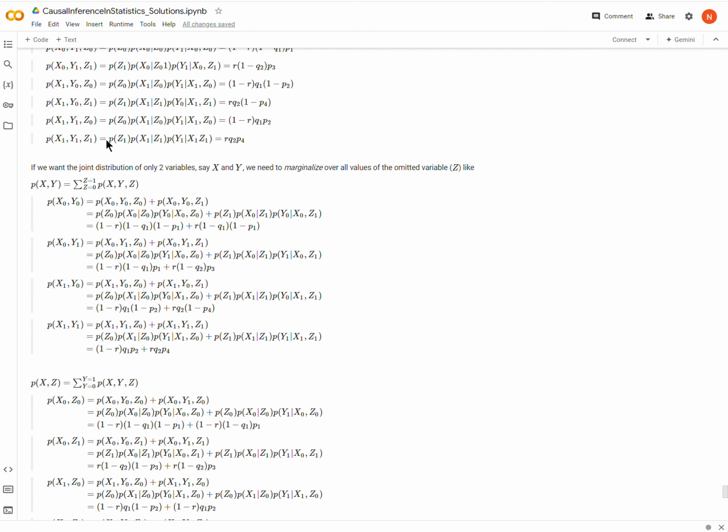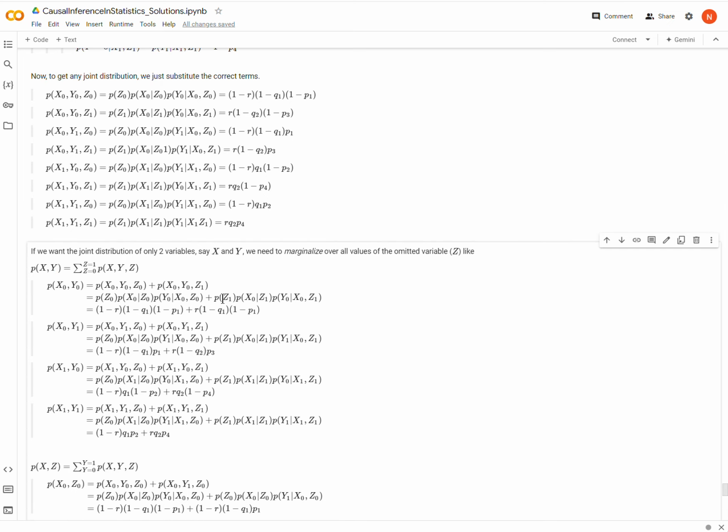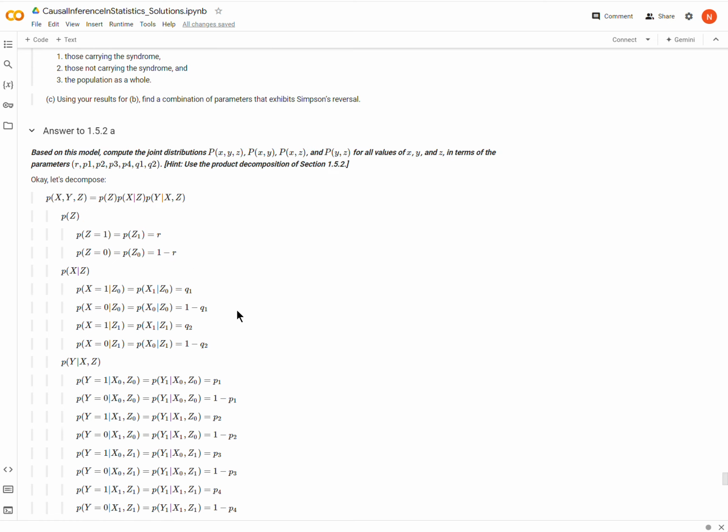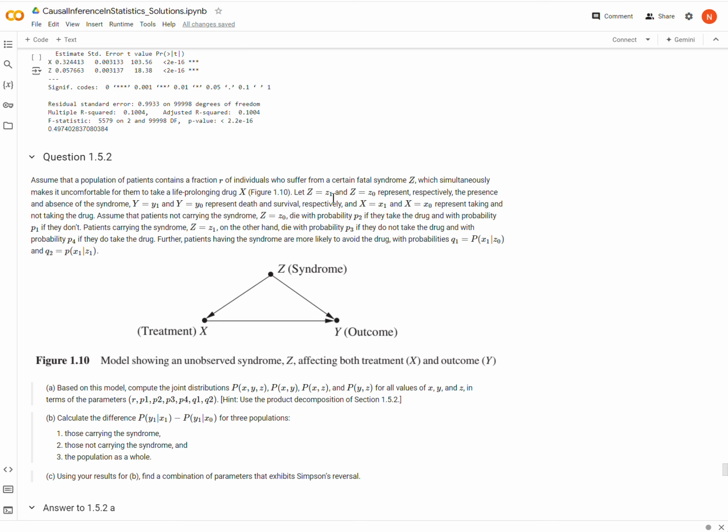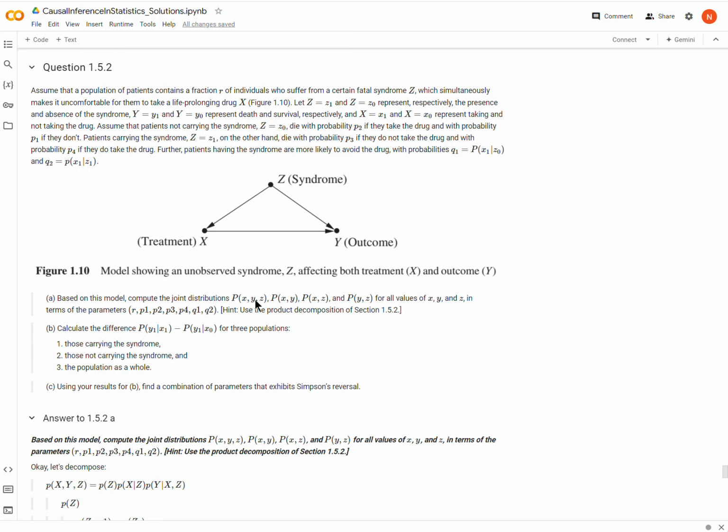For these two-way joint distributions, we need to marginalize out the omitted variable. So if we're going to look at the probability of x and y, what I don't do, I repeat, is just look at the probabilities of x and the probabilities of y and multiply them.